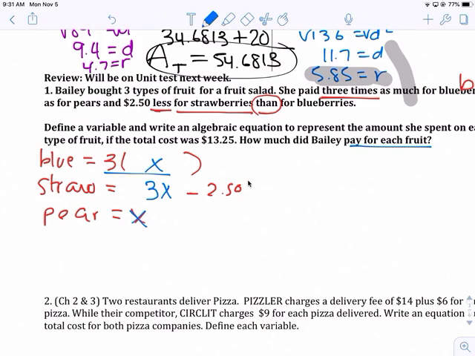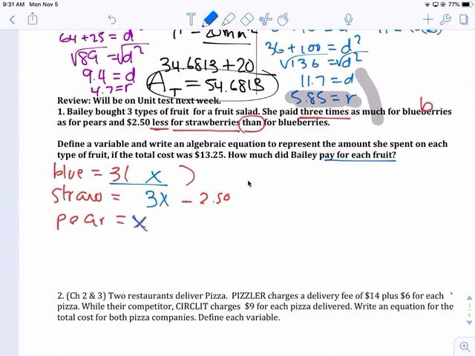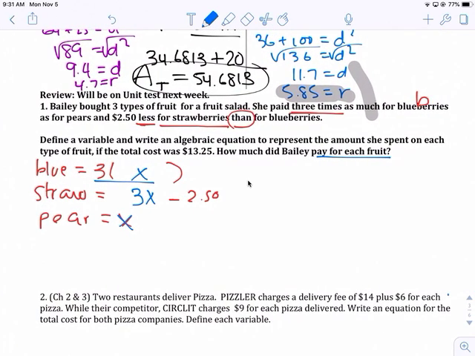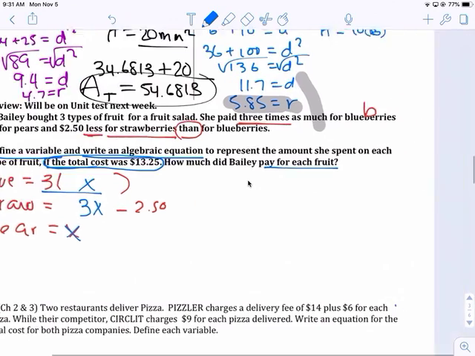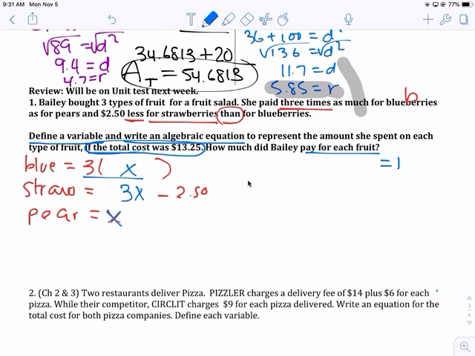How much did she pay for each fruit? Write an algebraic equation to represent the amount she spent on each type of fruit if the total cost is 13.25. So blueberries is 3X plus 3X minus 250 plus the X, you get 7X minus 250 equals 13.25.